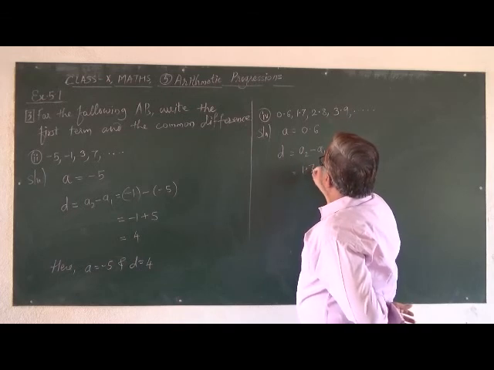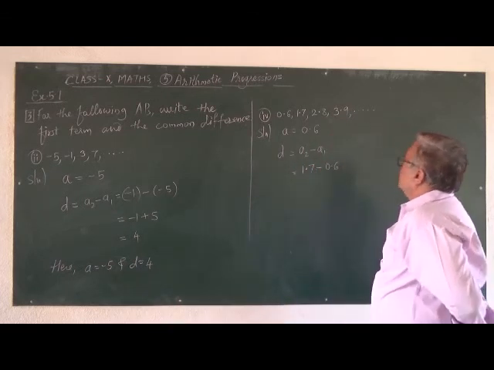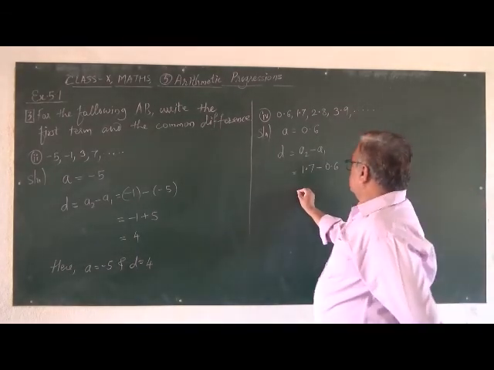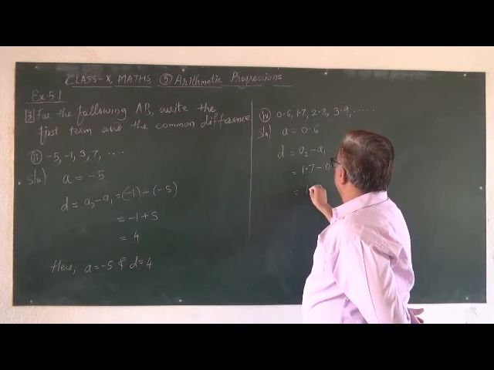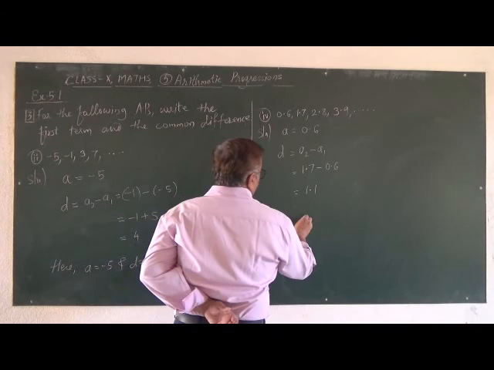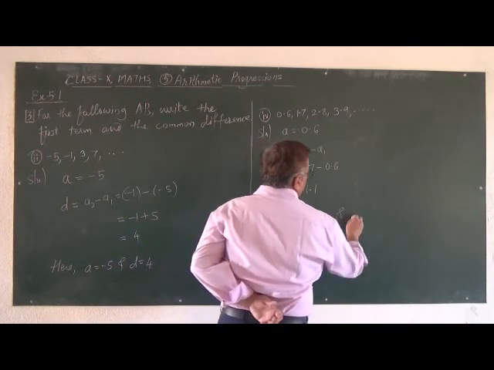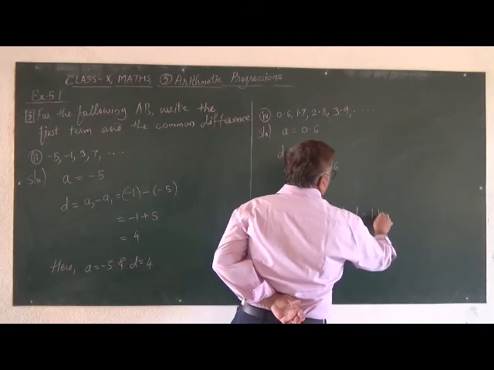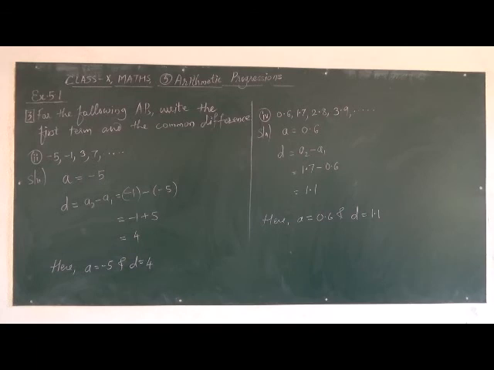A2 is 1.7 minus 0.6. So what is the difference? It is 1.1. So here you can write the first term is 0.6 and the common difference is 1.1. You can practice the remaining sums.